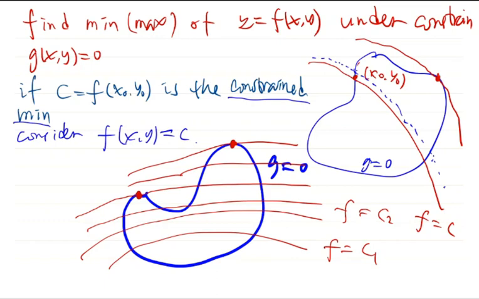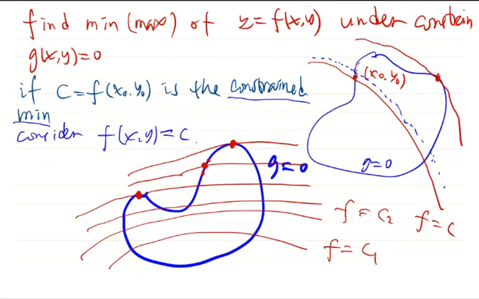Because in the case where there is no tangency, you can increase or decrease c while keeping your (x,y) in the curve g equal to 0. So such a c will not be a constraint minimizer or maximizer. Only when the two curves are tangent can you obtain your constraint minimizer.